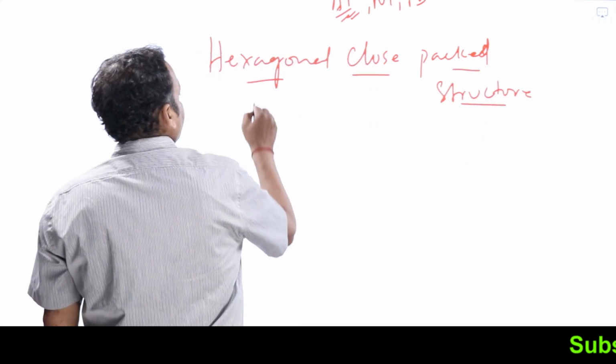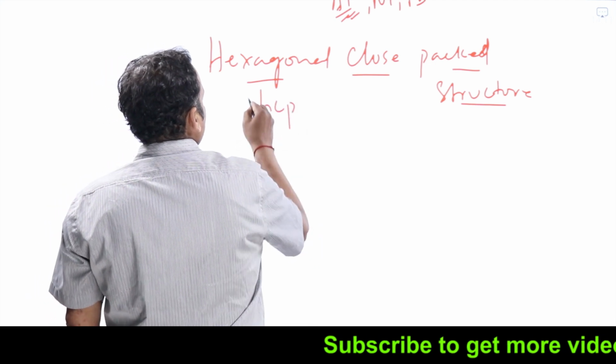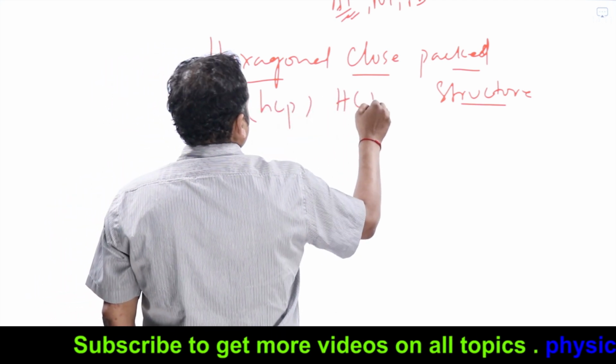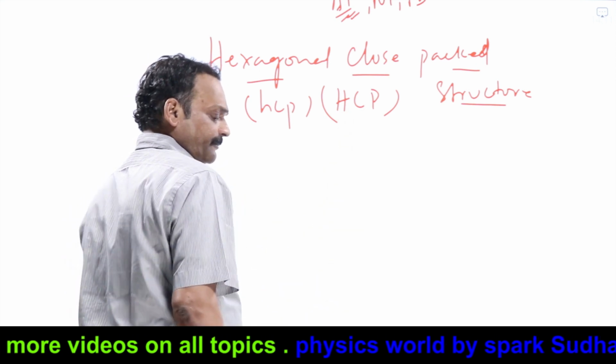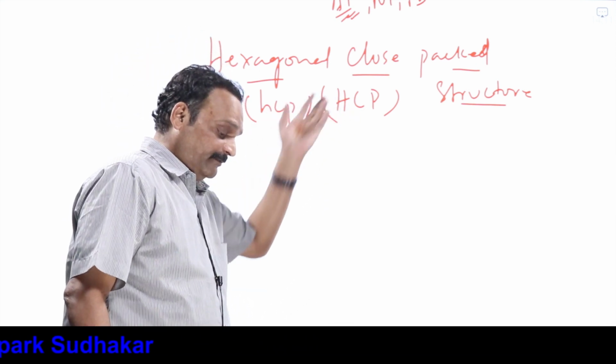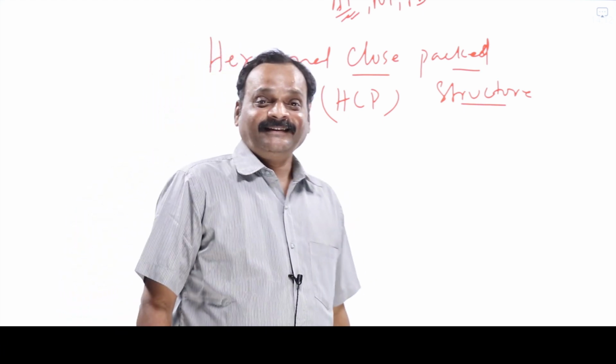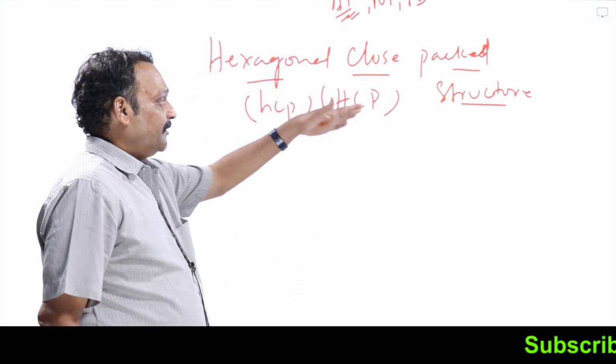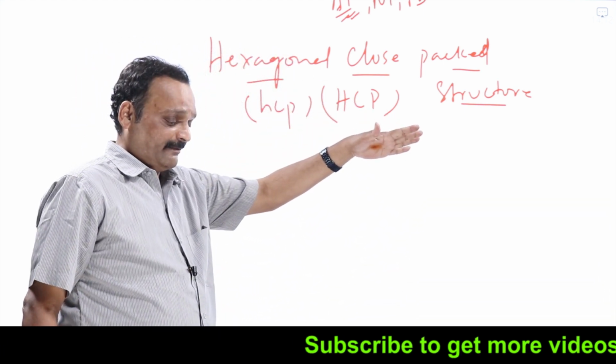You can write this as hcp in small letters or HCP in capital letters. It doesn't matter, all are equally popular. The name itself says close packed structure. Now we will see, this is another important structure which is useful in our material science.